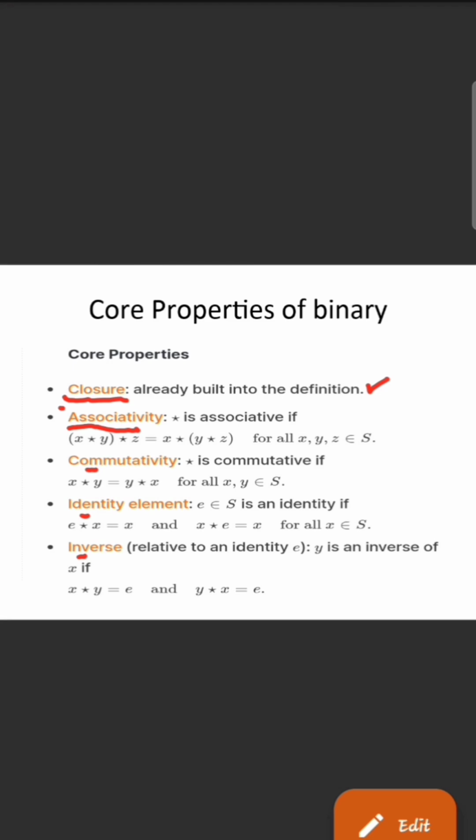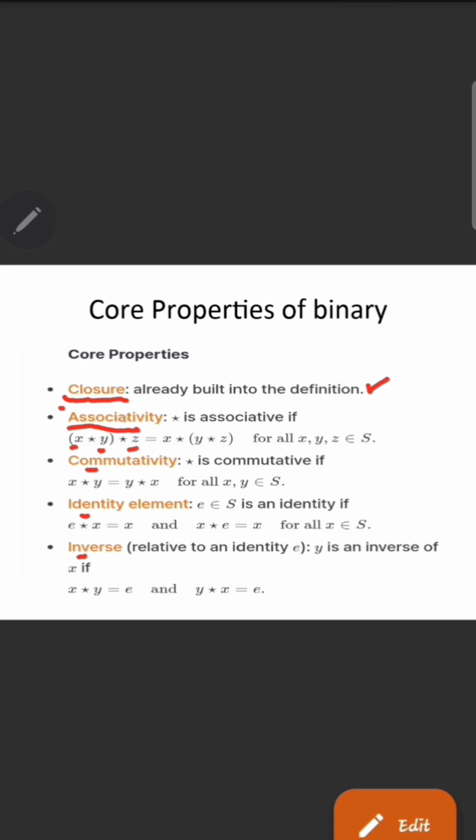Associative means when you have three numbers or three elements, so we have X, Y, Z. In associativity, we have two operations here. One operation is between X and Y, another between X, Y and Z. For the associativity property, we must have (X operation Y) operation Z. You can see that X operation Y is bracketed first, and Z is left at the back.